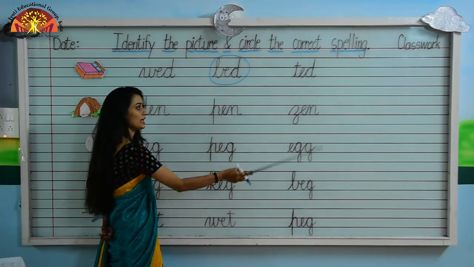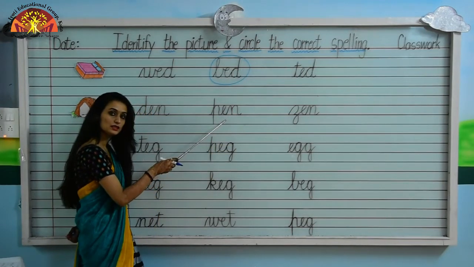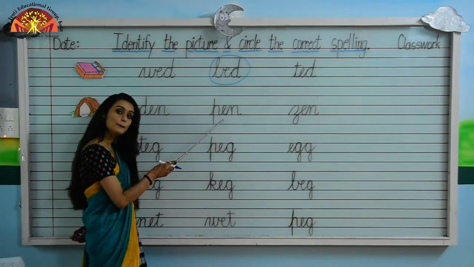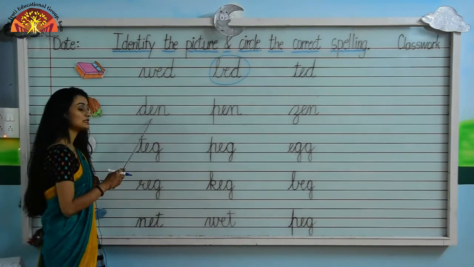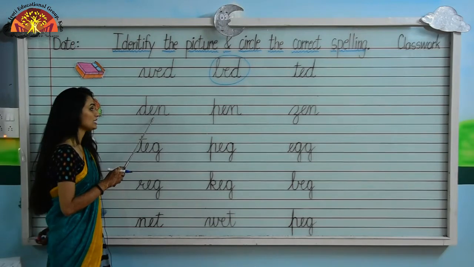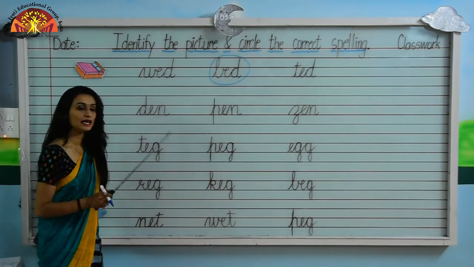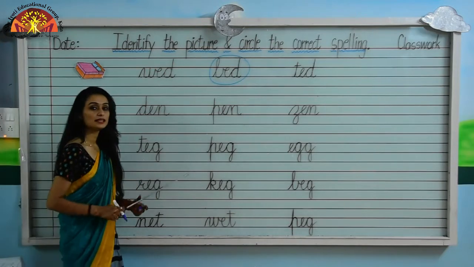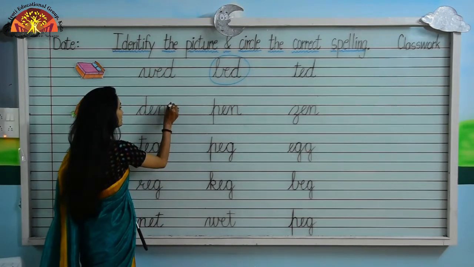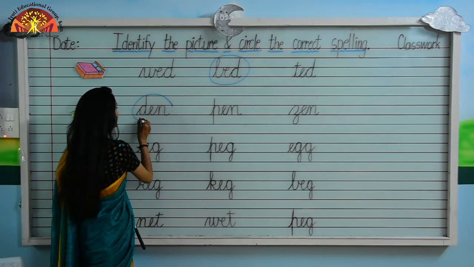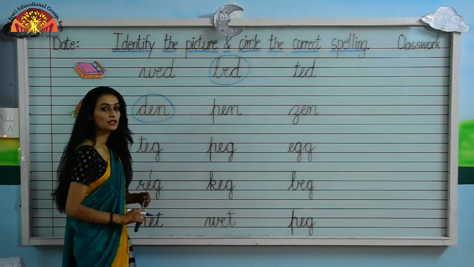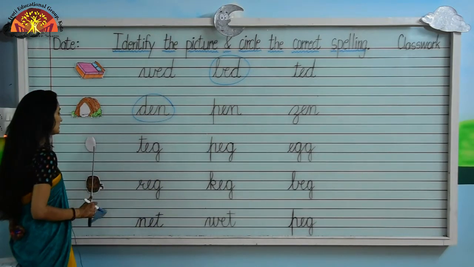No, this is zen. Is this one? No, this is pen. Is this one the correct one? Yes, this is D-E-N, den. So we will circle this one like this. Very good, kids.